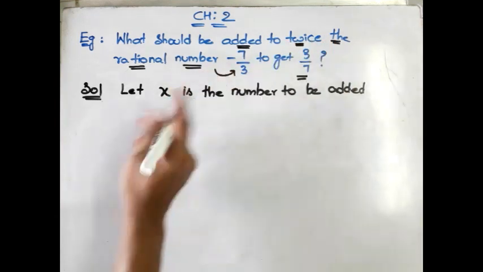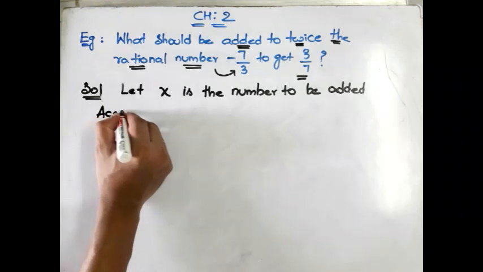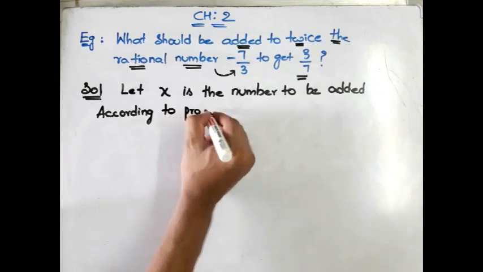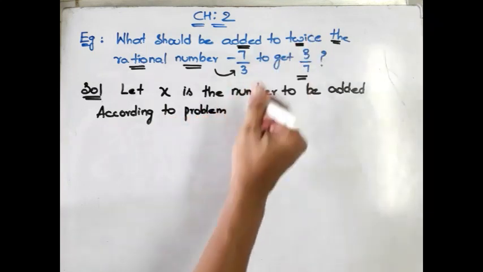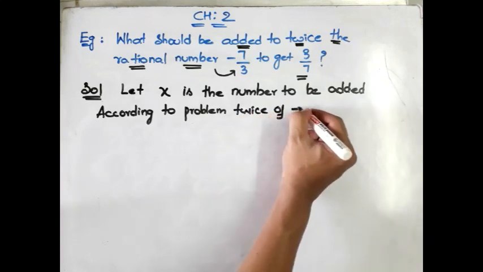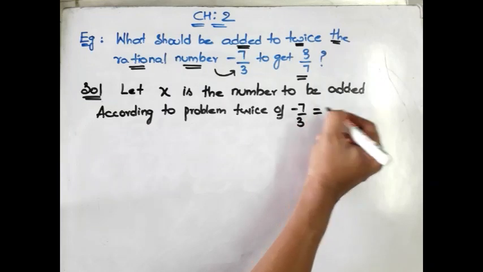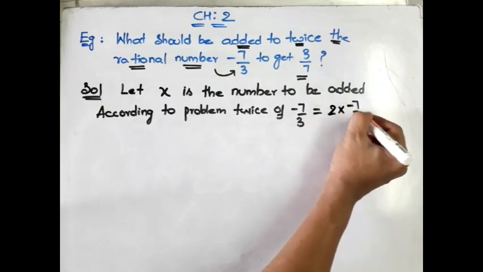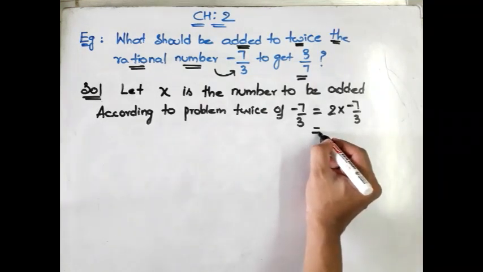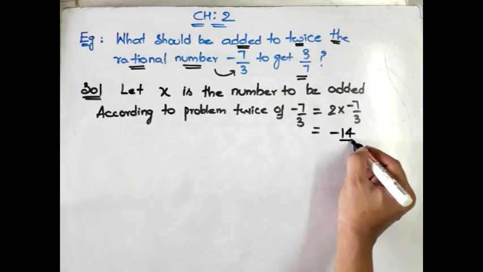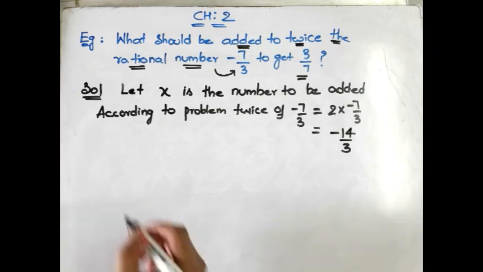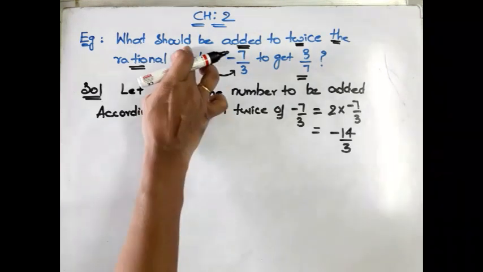Twice the rational number according to the problem: twice of minus 7 by 3 is equal to 2 into minus 7 by 3, because twice means 2 into minus 7 by 3. So what will it be equal to? Minus 14 by 3, because 2 sevens are 14, plus into minus is minus. Minus 14 by 3.